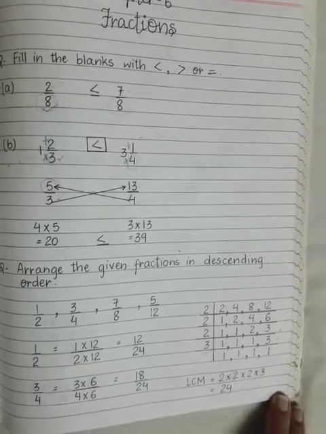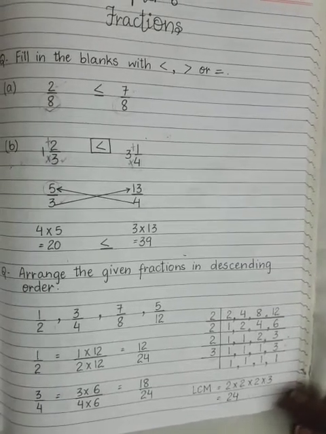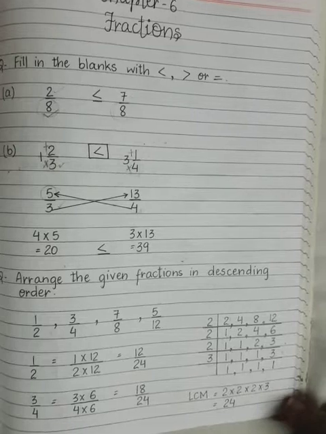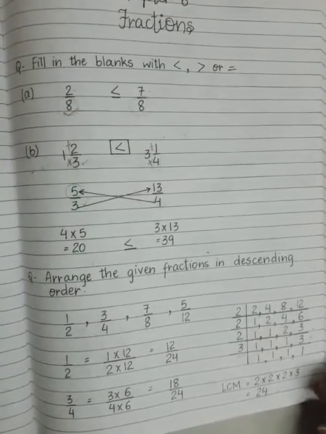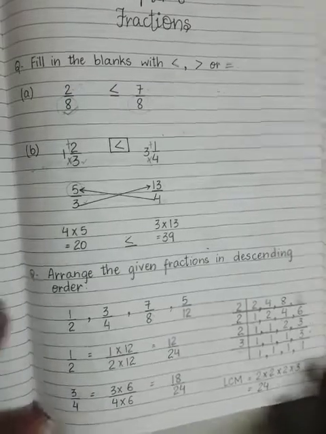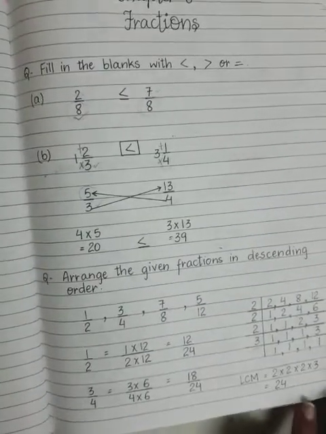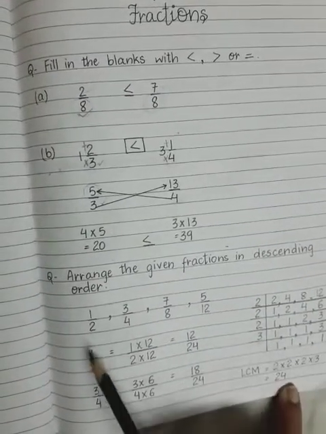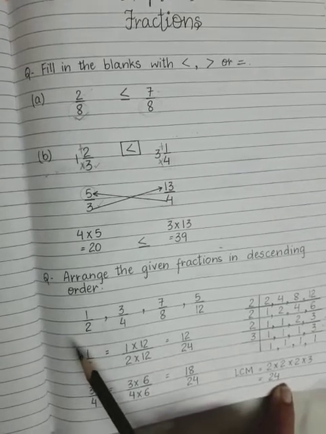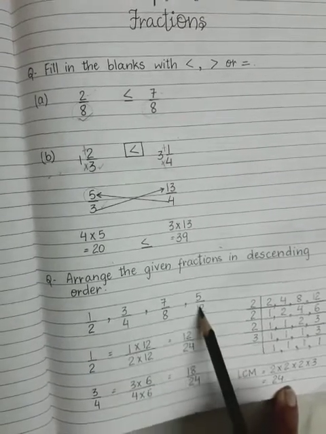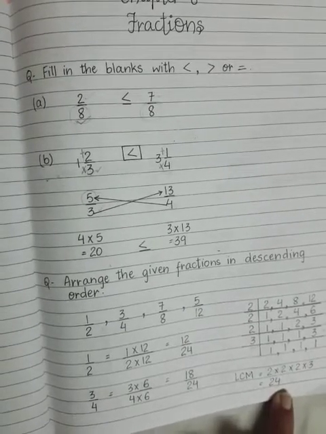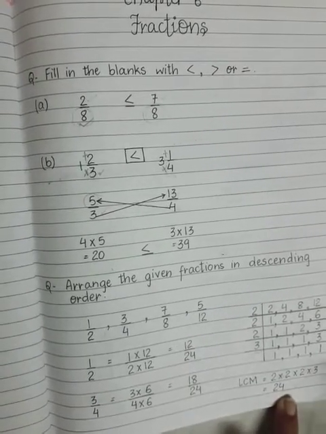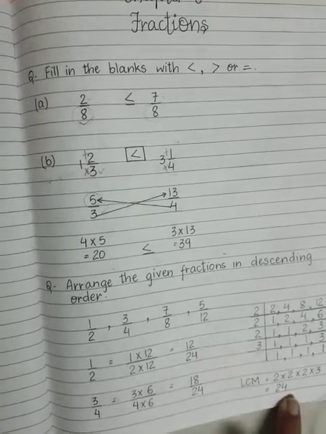Okay, children. Now, getting 24 as the LCM means what? Getting 24 as the LCM means that we have to make 24 here, here, here and here, and then only the fractions will be same and it will be easier for us to arrange them in ascending or descending order.